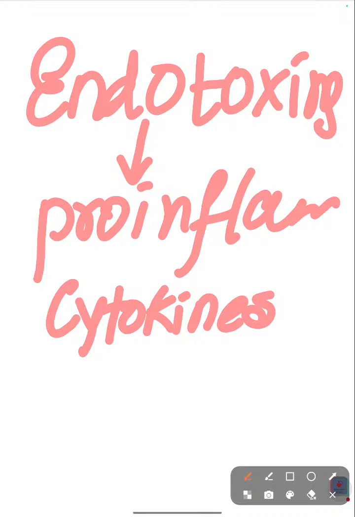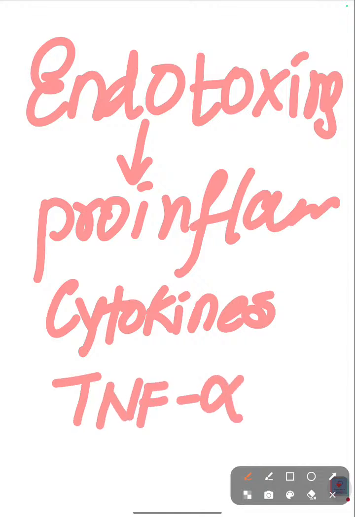Several pro-inflammatory mediators are released from monocytes, macrophages, other leukocytes, and other body cells, the most important being cytokines: tumor necrosis factor, TNF alpha, and interleukin 1. Interleukin 1 is responsible for fever. After these general comments on mechanism, the features of shock are seen.